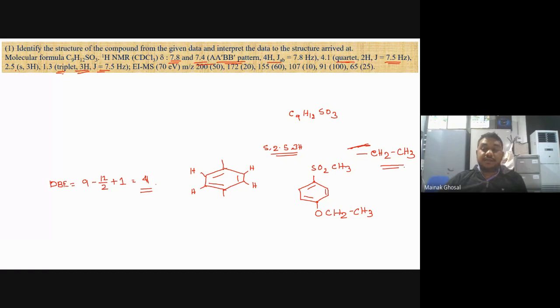So there is some methyl group there, and now you need to analyze the 2.5 singlet of 3 hydrogens. This singlet of 3 hydrogens is nothing but the presence of a methyl. Generally, methyls appear at a very low value.